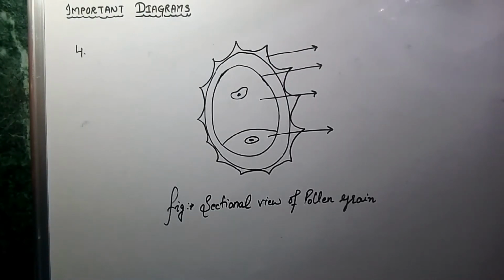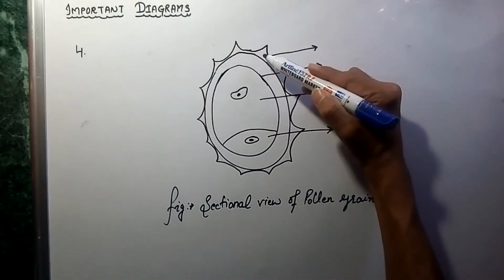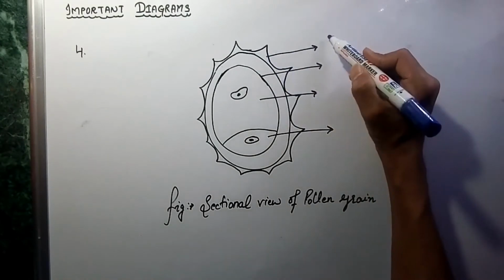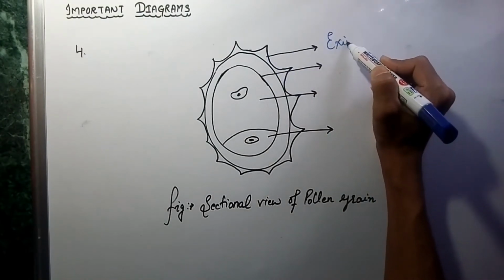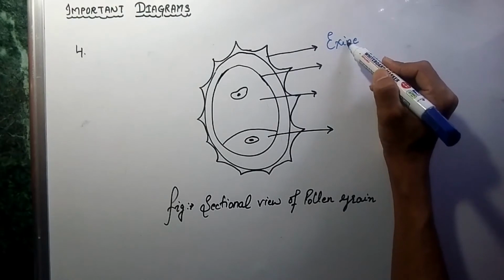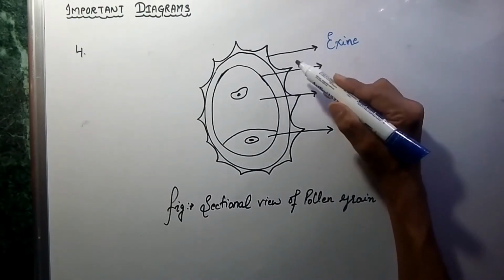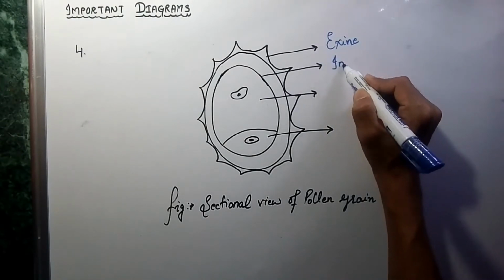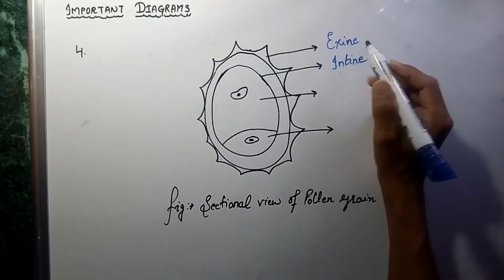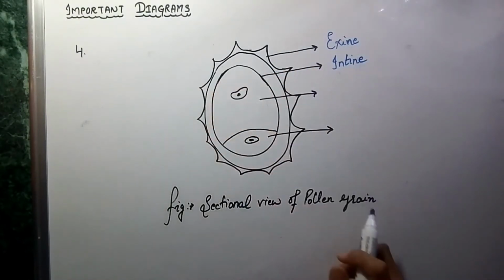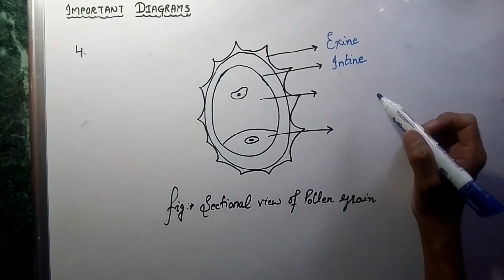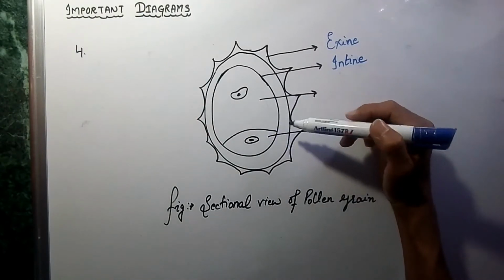In this diagram, we will be looking at the sectional view of a single pollen grain. The very first, the outer layer of a pollen grain is known as exine. It is also considered as a protective layer. Now inside the exine we will see the intine layer. Inside the intine, the cell is divided into two parts.